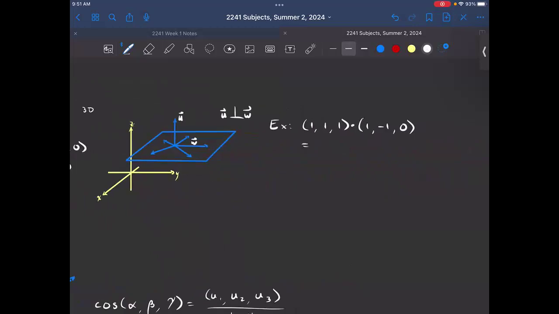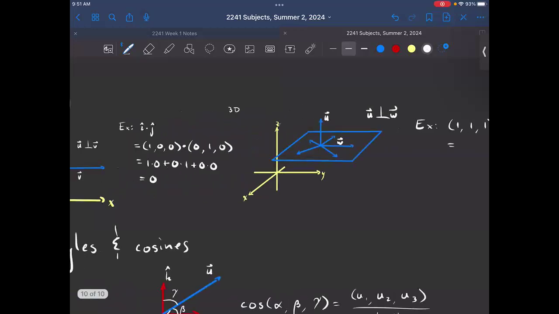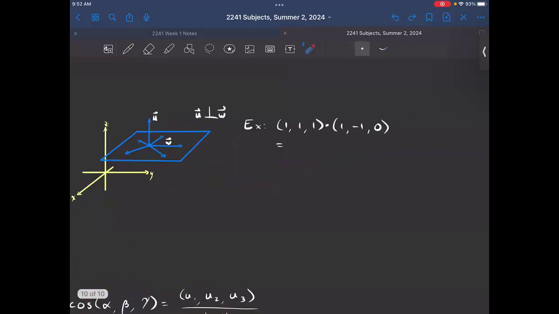In that last dot product example that we did, all of the terms were equal to 0, and so that's why everything canceled out and we got 0. But the terms themselves do not have to end up being 0. Now here we get 1 times 1 plus 1 times negative 1 plus 1 times 0. And that gives us 1 minus 1 equals 0. So the terms can end up just canceling out in the algebra.